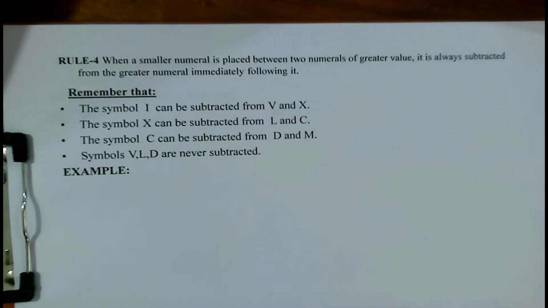And points to remember: the symbol I can be subtracted from V and X. The symbol X can be subtracted from L and C. The symbol C can be subtracted from D and M. Symbols V, L, D are never subtracted. Let's do an example.